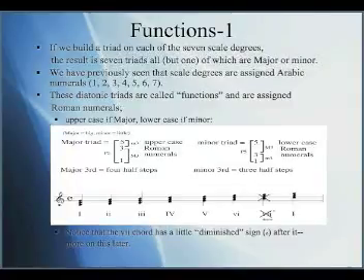Now we'll get into the idea of major and minor here. Notice that these functional designations are written in Roman numerals, not Arabic numerals. 1 is a 1, but it's a Roman numeral. 2 is 2, but it's a Roman numeral. Notice that some of the designations are uppercase, capital letters.